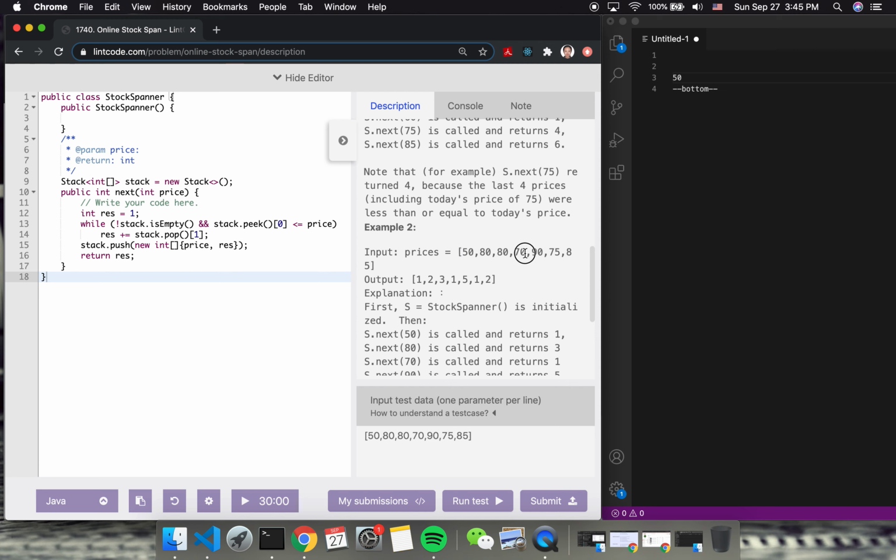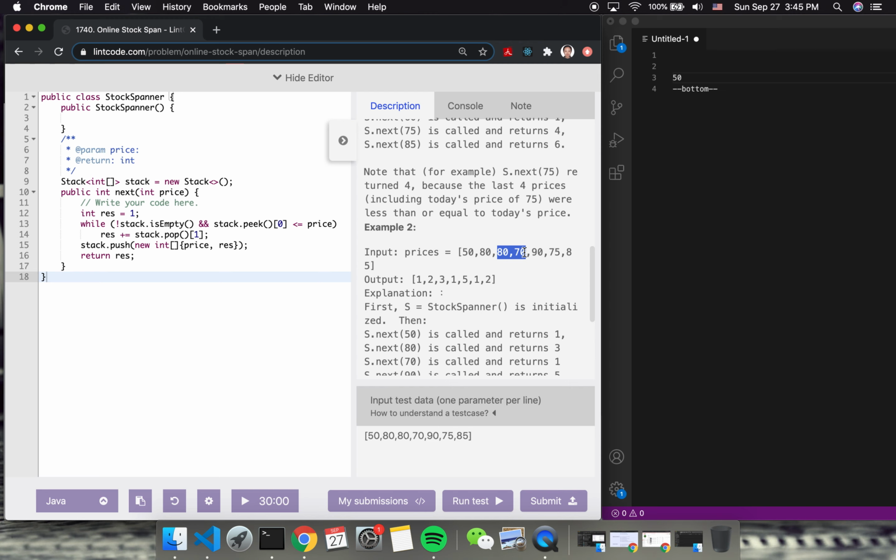And then let's go to the 70. It has this 1 and then it goes backwards. The first number it hits is 80, and 80 is not less than 70, so there is no consecutive.